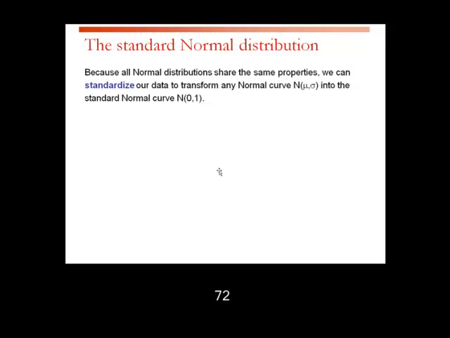It will say table entry for z is the area under the standard normal curve. So automatically this normal distribution has a mean of 0 and a standard deviation of 1. If you want, write it down there. Just put down N(0,1). That way you won't forget what the mean and standard deviation are. Standard normal by definition is N(0,1). Okay?